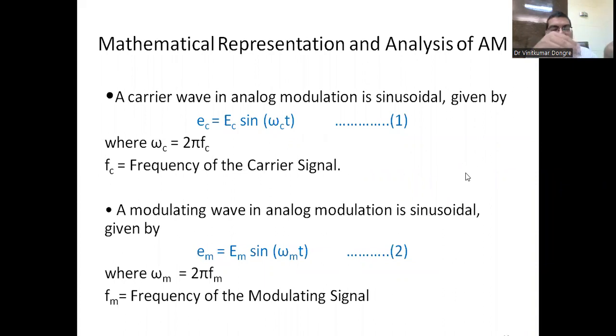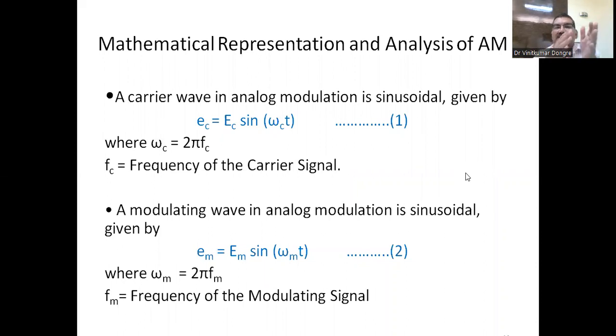Whatever the frequency, for 2G it is 900 megahertz, for 3G it is in gigahertz, and for 5G it is around 6 gigahertz. So this is the high frequency carrier. Now my speech is in a few kilohertz, maximum 3.4 kilohertz.